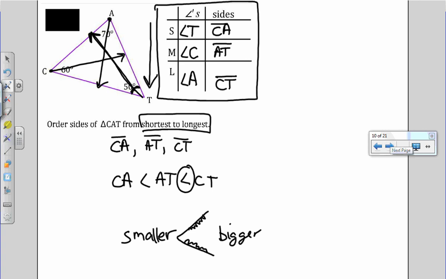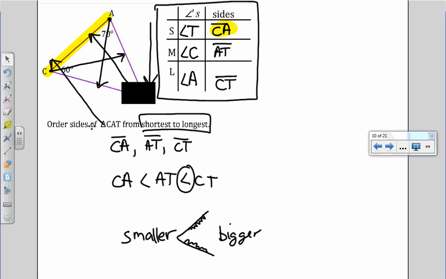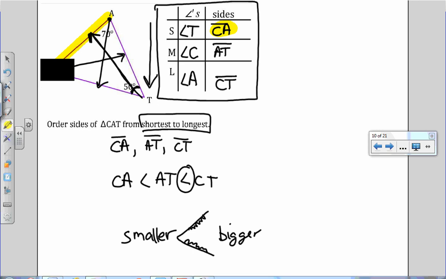If you're going to do the cover-up method, you cover up the name of your smallest one, T. Okay, well the only side name that I can see is AC up here. So that's where we're getting that the opposite side is CA. If I cover up our medium-sized angle, C, I can only see one side name, AT.